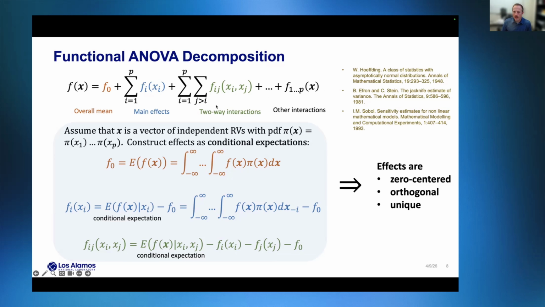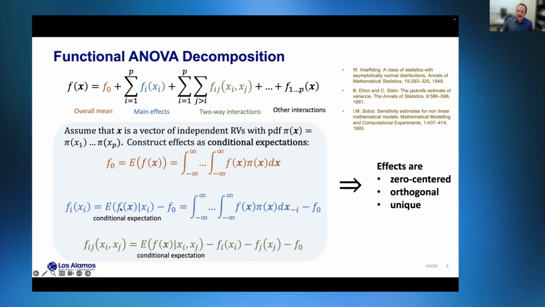So how do we come up with these functions? We're going to define them in a specific way, all based on conditional expectation. And remember, our inputs are independent. F0 is the overall mean, the expectation of f of x, not conditional on anything. Then F i of x i is the main effect of the ith variable.